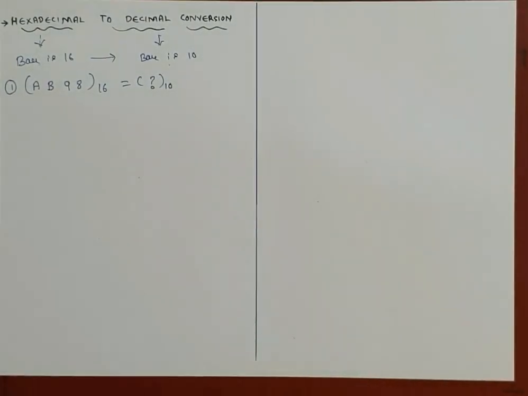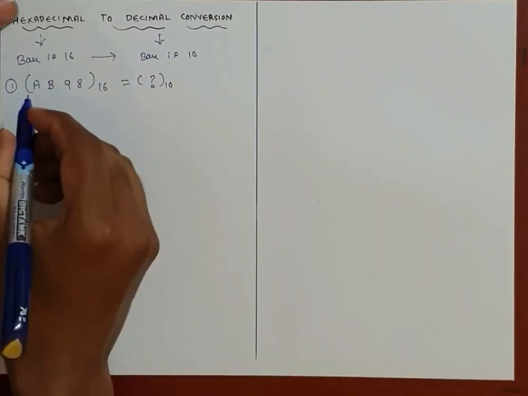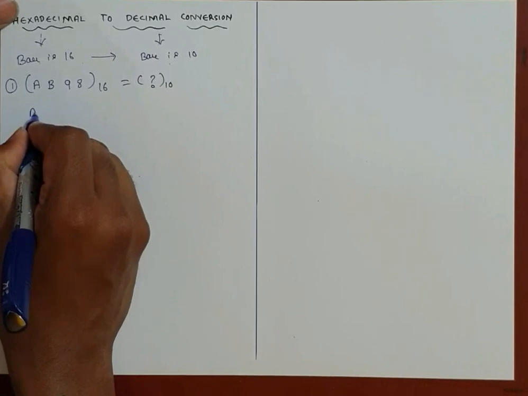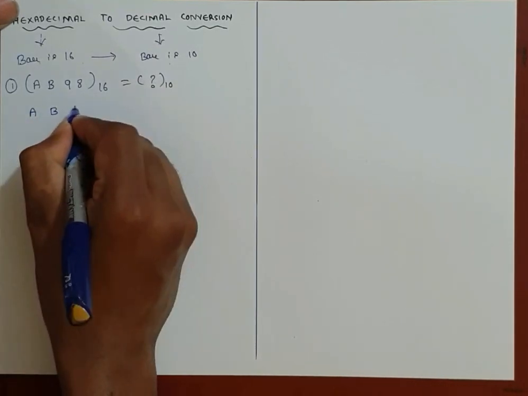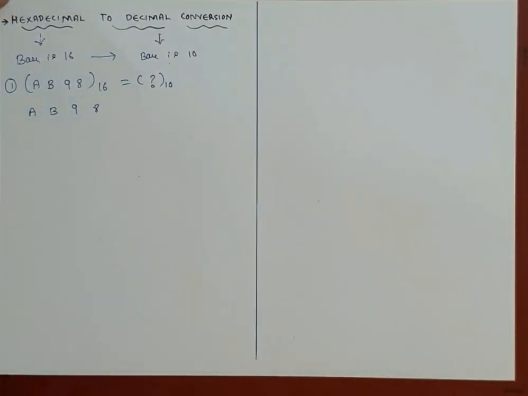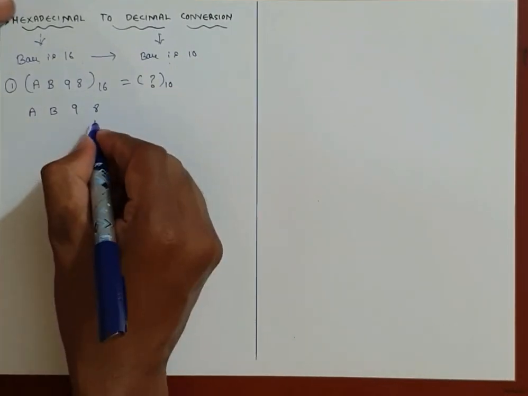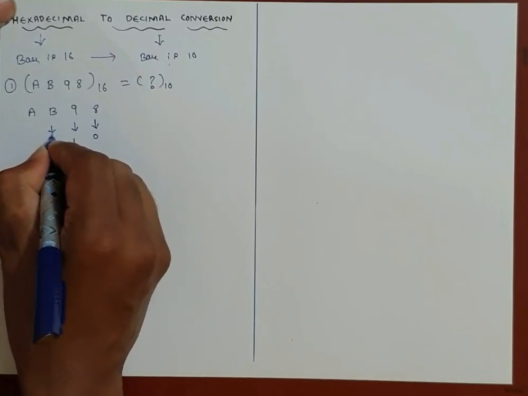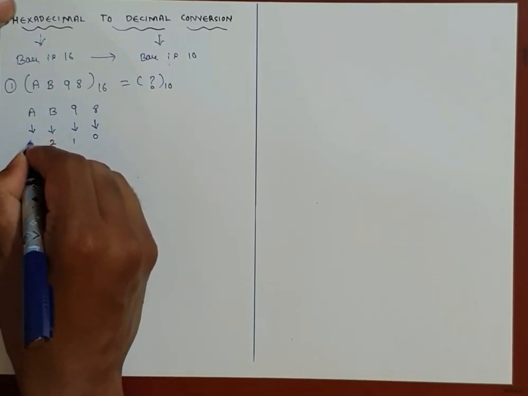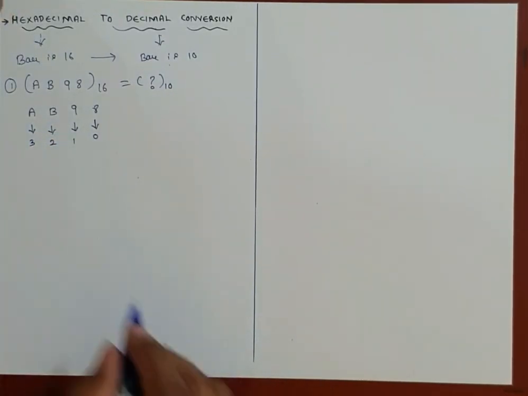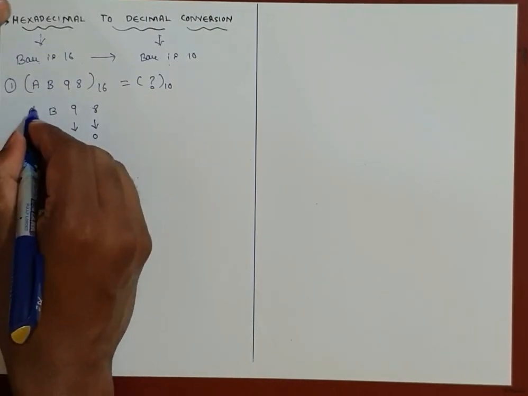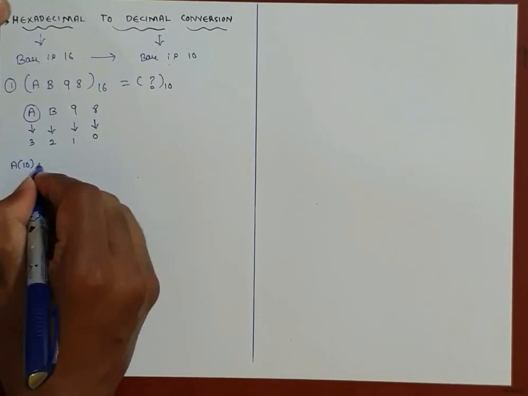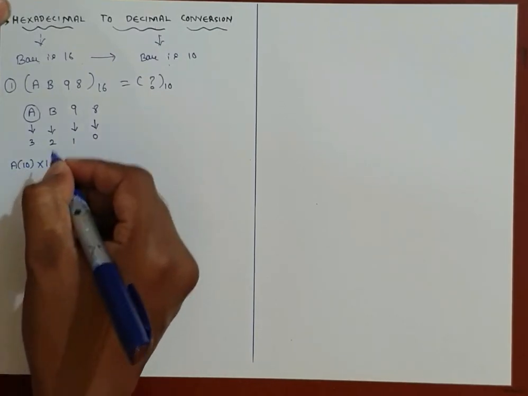The procedure remains the same here. So consider the given hexadecimal number AB98. First find the positions here. The position is 0, the position is 1, here the position is 2, here the position is 3. So next take this number A. A means 10 multiplied by 16.